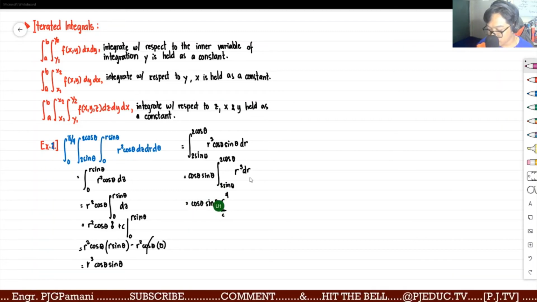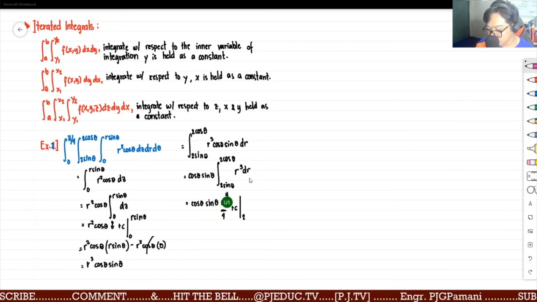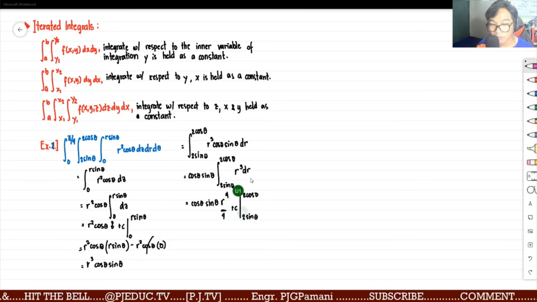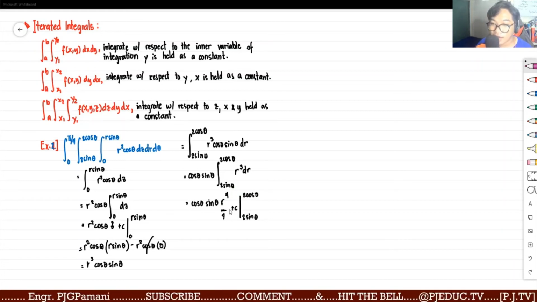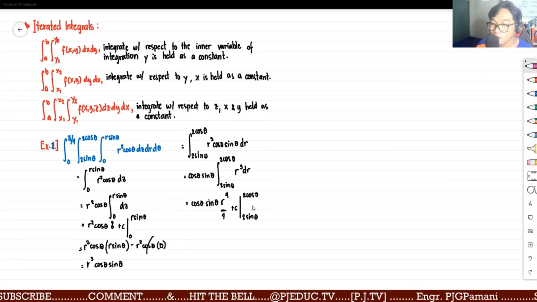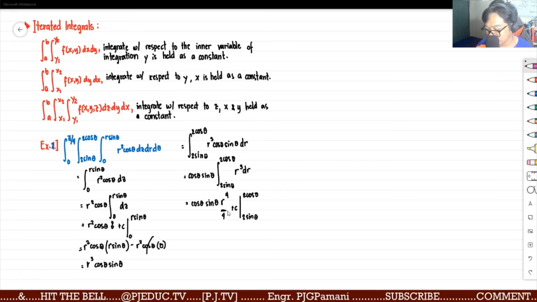plus c, then substitute your upper and lower limit, 2 sine theta and 2 cosine theta. Remember our variable concern is r. So we only need to substitute our upper and lower limit to variable r.